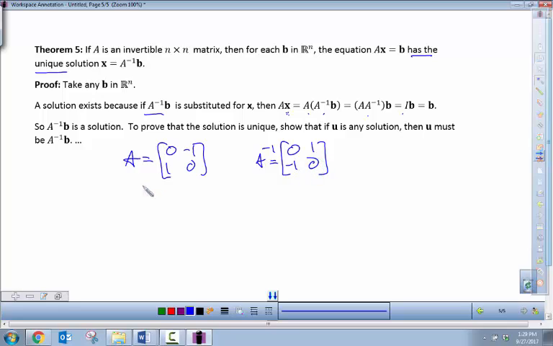So let's find out what happens. Let's say in your output, you have this vector pointing to 2, 3.